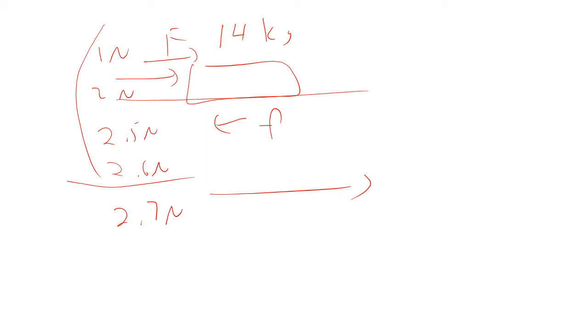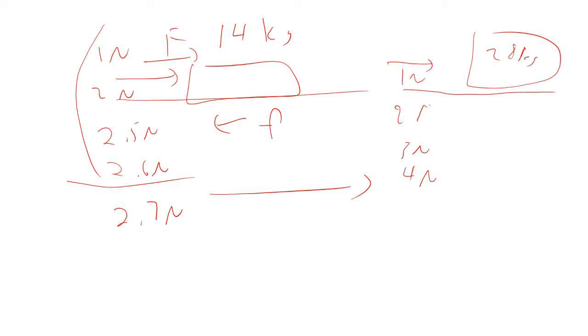Now, if this object had been 28 kilograms, then experimentally I would find that 1 newton didn't make it move, 2 didn't, 3 didn't, 4 didn't, 5 did not, 5.1 did not, 5.2 did not, but 5.3 it moved.